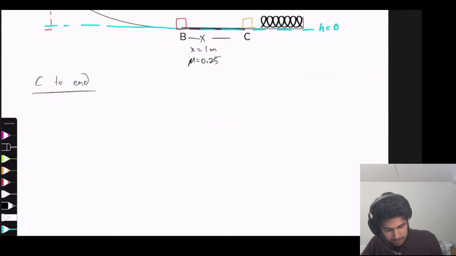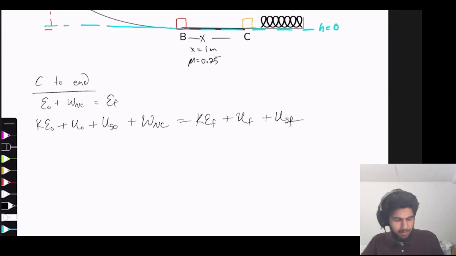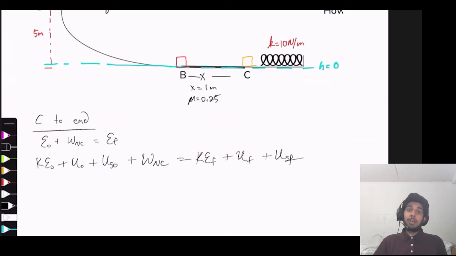And again, we'll use conservation of energy. Same equation we're used to at this point. K initial plus U initial plus US initial plus work non-conservative equals K final plus U final plus US final. And again, we have to consider which forces are 0 and which ones are not 0.